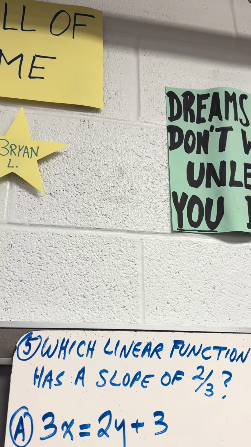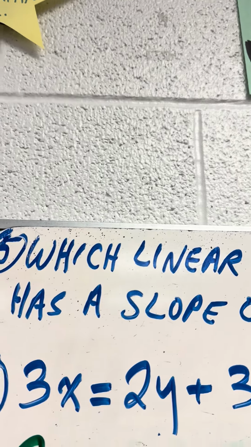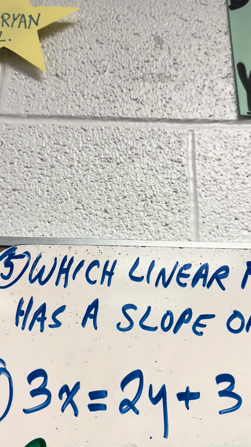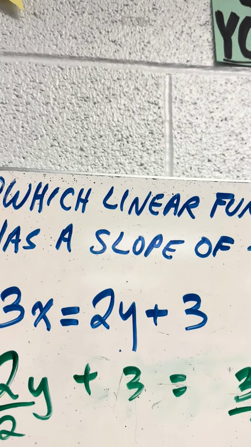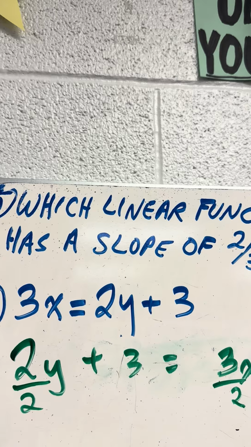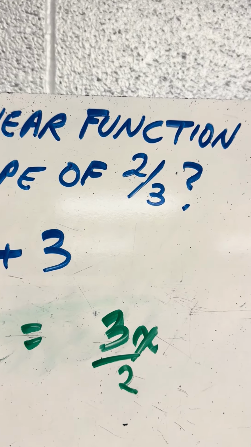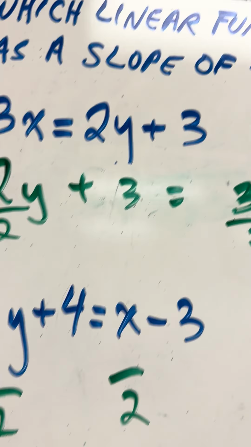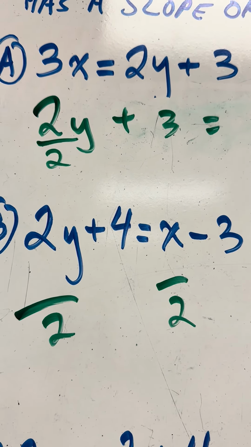Which linear function has a slope of 2/3? Okay? If I switch this around, I have 2y plus 3 equals 3x. Okay? If I divide by 2, notice how the slope is going to be 3/2, not 2/3. Here, if I divide by 2, notice that the slope will be 1/2.